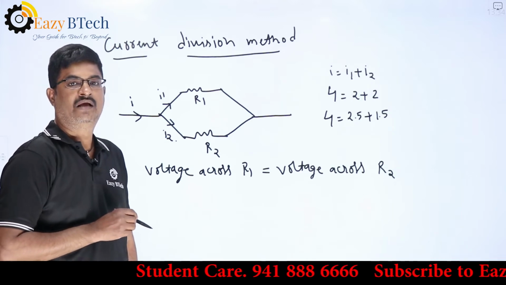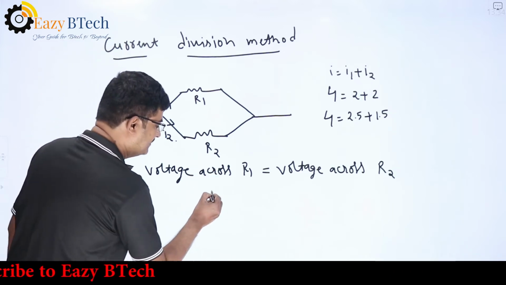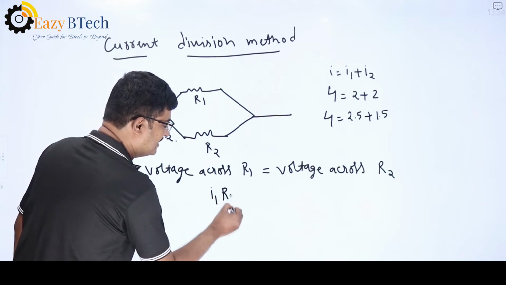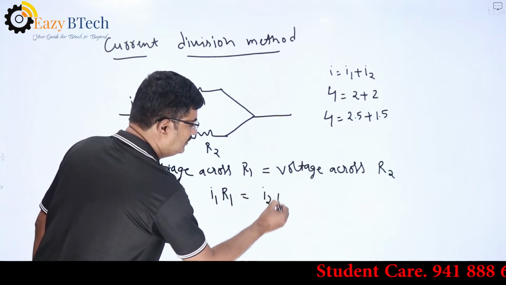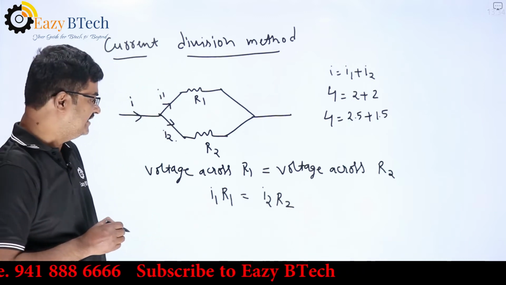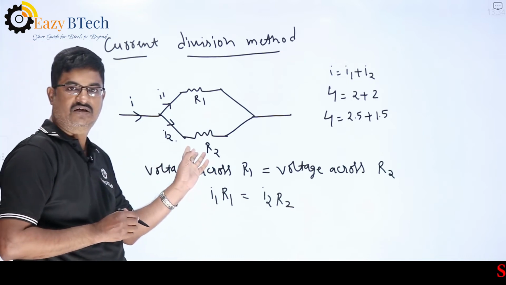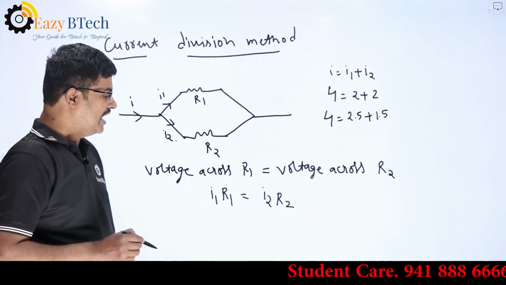So I1 into R1 is equal to I2 into R2. By using Ohm's law, V is equal to I into R. The voltage across R1 is equal to I1 into R1. The voltage across R2 is equal to I2 into R2.